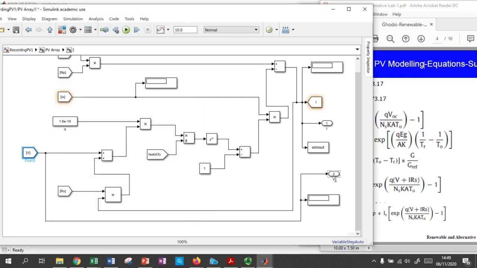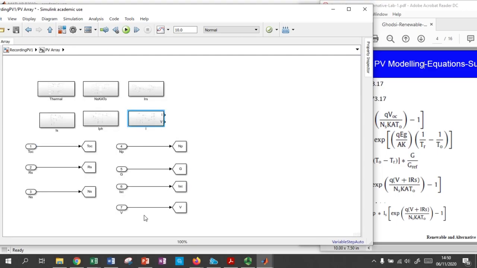Then it's V. This is the output. Yes, it's an output V. That's correct. Then these are all of our inputs.